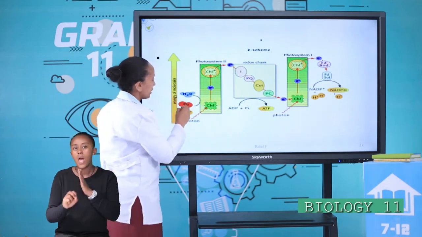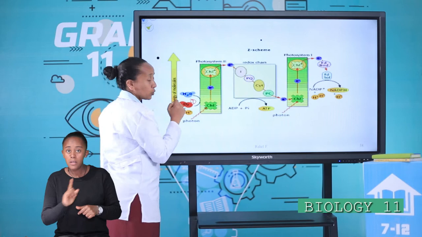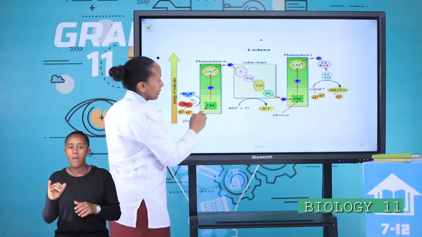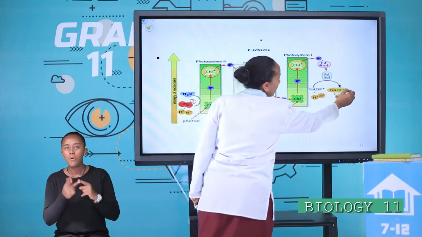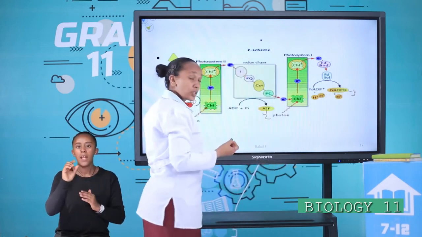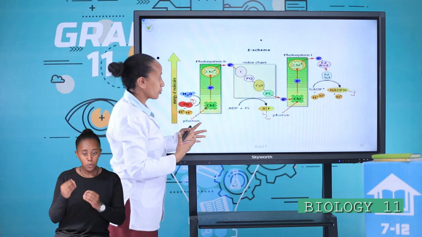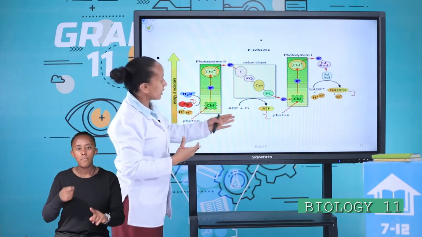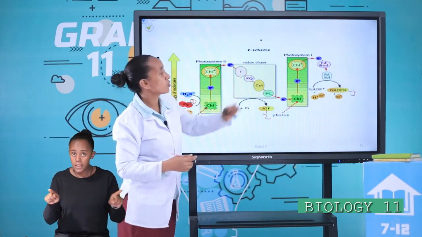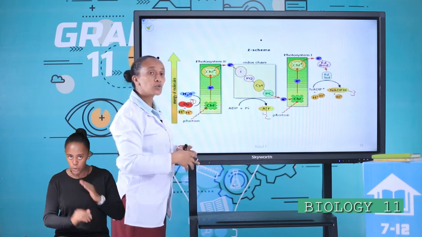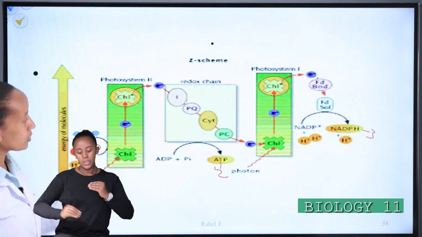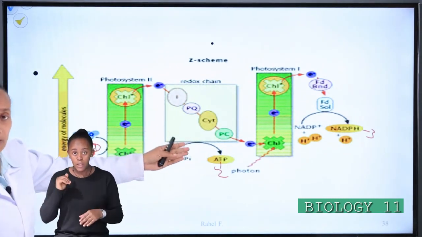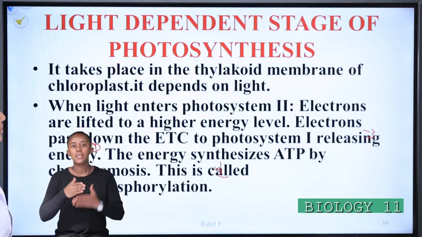The first one is oxygen, produced as a byproduct. The second one is ATP, and the third one is reduced NADP. Oxygen will be lost as a byproduct from the leaf, but ATP and reduced NADP are used for the later stage of photosynthesis. We call this process light-dependent stage of photosynthesis.